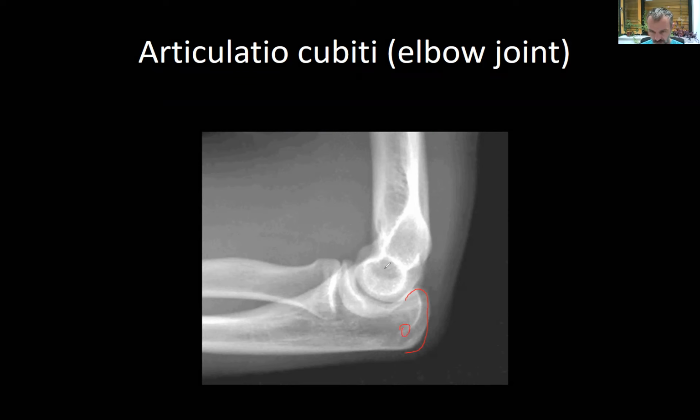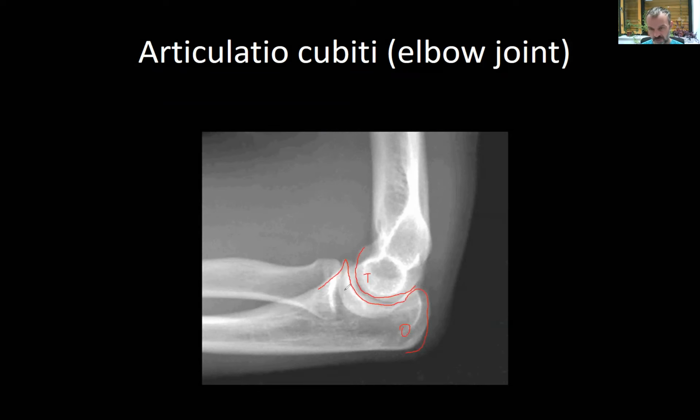And here we can see the trochlea. That's the trochlea and the coronoid process and the trochlear notch on the ulna.